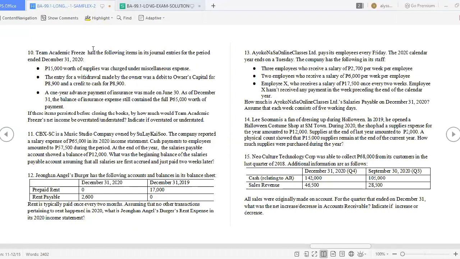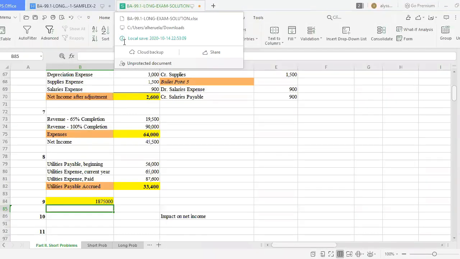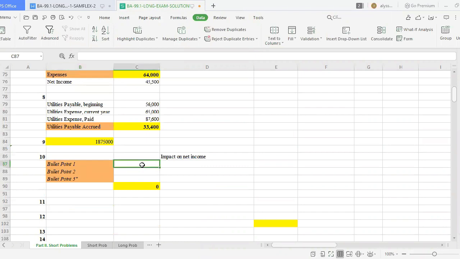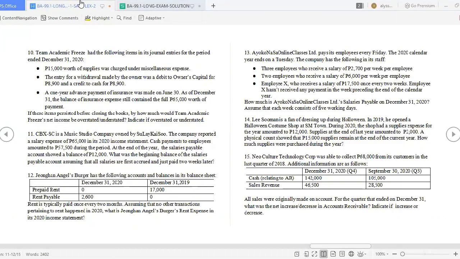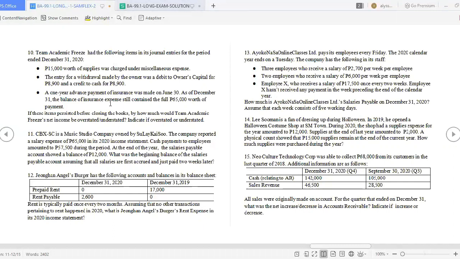So first, let's go through the different bullet points. So first, 15,000 worth of supplies was charged under miscellaneous expense. So since this is supplies, it should be capitalized. So by charging it under miscellaneous expense, our expense would be overstated.